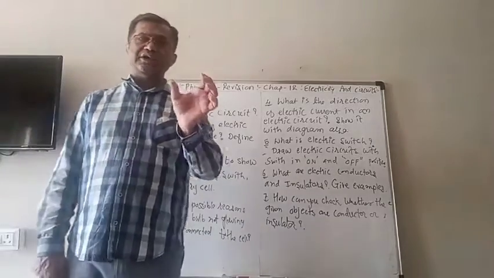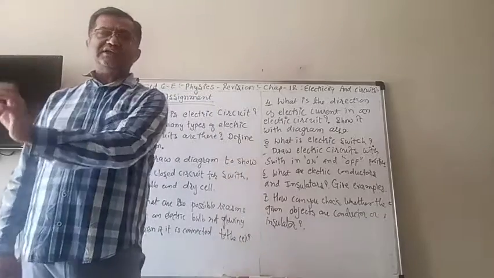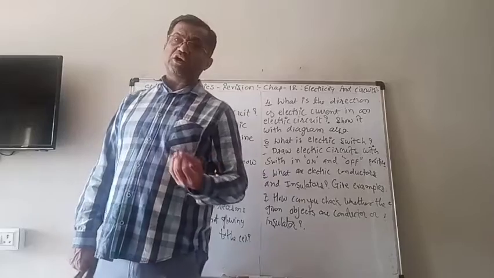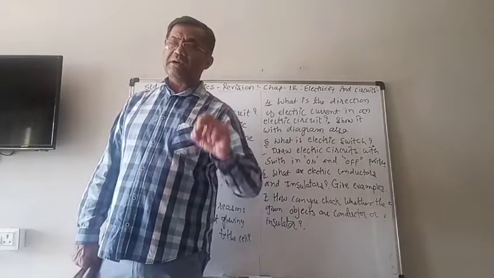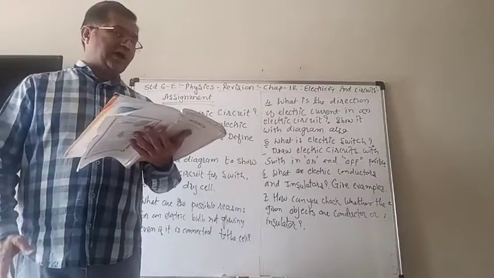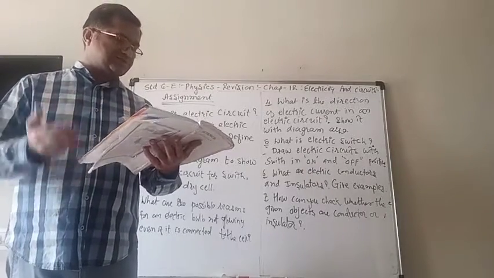If the bulb is glowing, write down against it that it is a conductor. If the bulb does not glow, that material is an insulator, which means it does not allow the current to pass through.